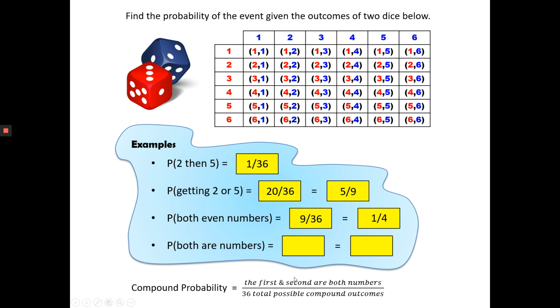The probability of the first die giving you a number, that's 1 through 6, and the probability of the second die giving you a number, that's 1 through 6. So it's going to be 36 out of 36. There's not one situation where you're going to get anything other than numbers. There's no colors, there's no shapes, you're just getting numbers. So the probability of that happening is 36 out of 36, which means it's got a 100% chance of happening. So it's going to be 1.